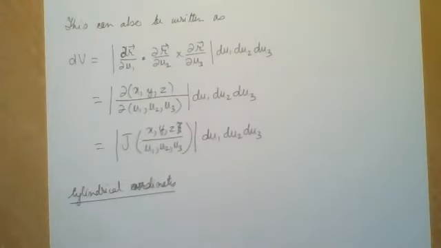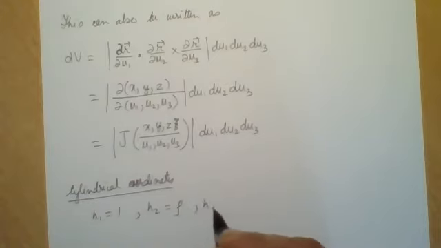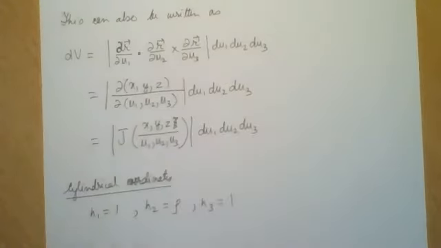The scale factors are h1 equal to 1, h2 equal to rho, h3 equal to 1. I repeat, the scale factors for the cylindrical coordinates are h1 equal to 1, h2 equal to rho, h3 equal to 1.